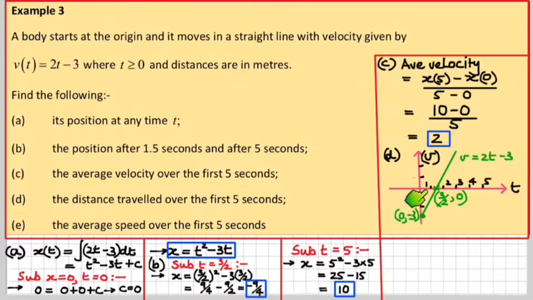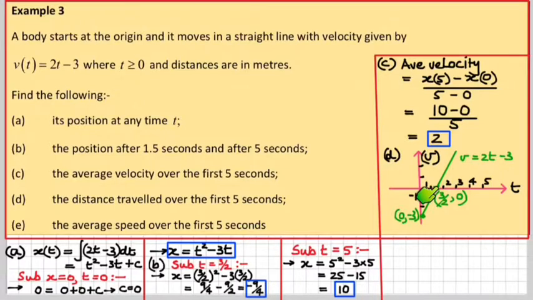And we can see if we draw that graph from t is 0 onwards, we can see that from here to here, the velocity is negative, and it hits 0 at 3/2 seconds. And then from here onwards, up towards our 5 seconds, or beyond even, we've got a positive velocity. So in other words, this thing changed direction when t was 3/2.